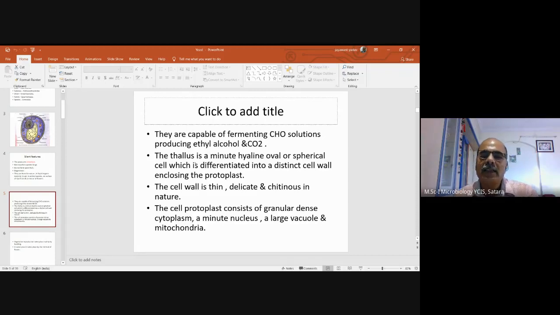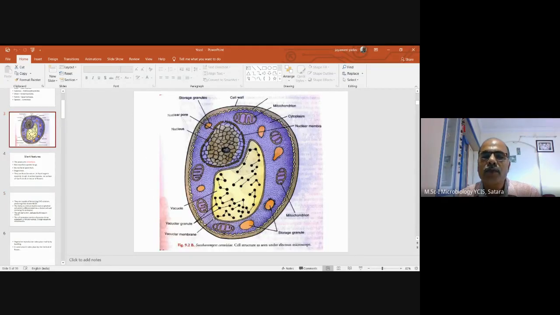The thallus is a minute hyaline structure. The thallus is a minute hyaline, that is colorless or transparent, oval or spherical cell, which is differentiated into a distinct cell wall enclosing the protoplast.